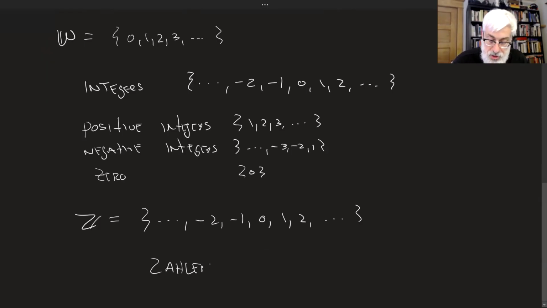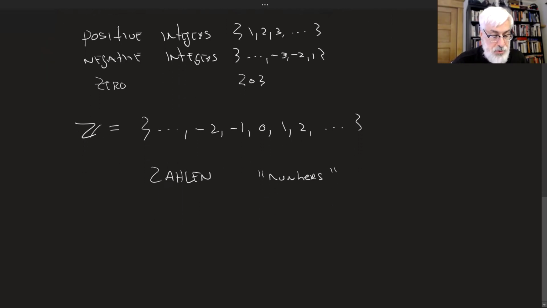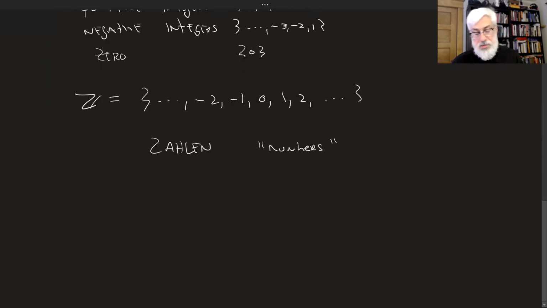It's from the German word Zahlen, which means numbers. Somewhere along the mathematical continuum, somebody decided that the integers were going to be called Zahlen, Z, and that's the notation we use.